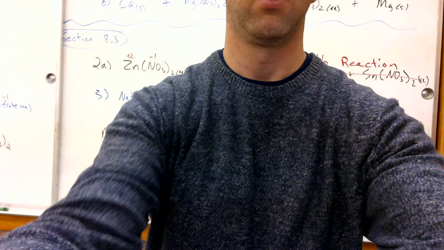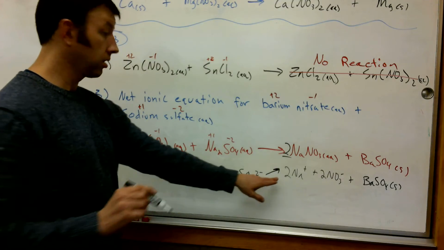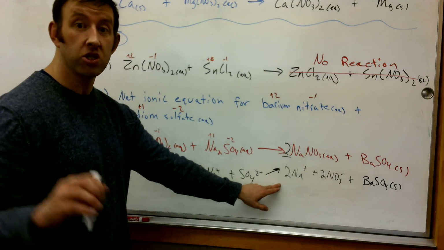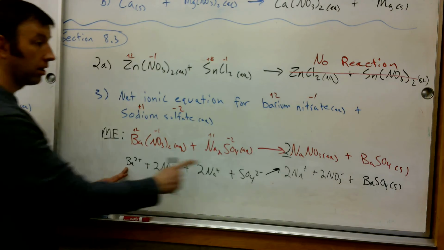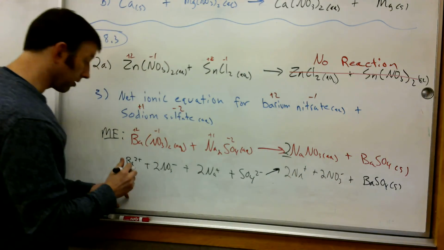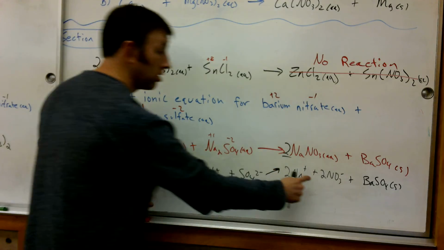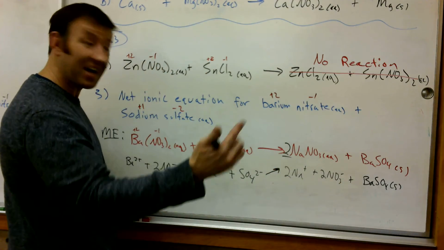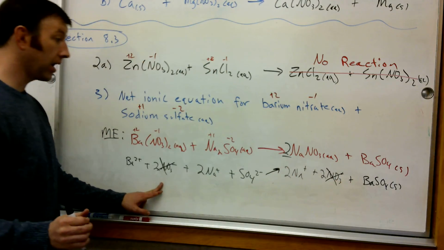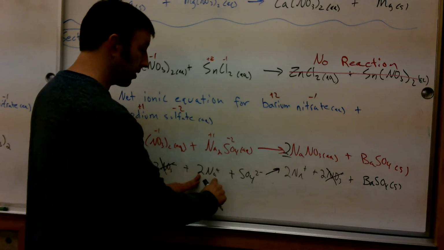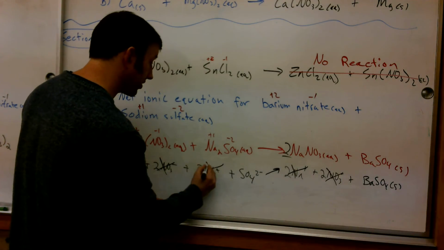All right, now I'm running out of space here, so I'm going to adjust my camera a wee bit. Now what I have to do here is cross out my spectator ions. These are the ions that don't actually change. So barium is a 2 plus here. It's not a 2 plus there, so that doesn't change. Nitrate is a 2 NO3 minus, 2 NO3. It does not change. Bam, and cross that out and that out. Now 2 Na plus looks the same on both sides. You cross it out, cross it out.